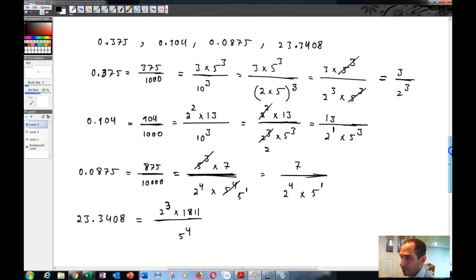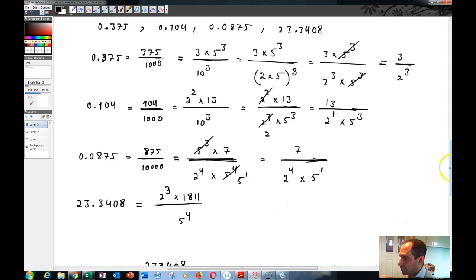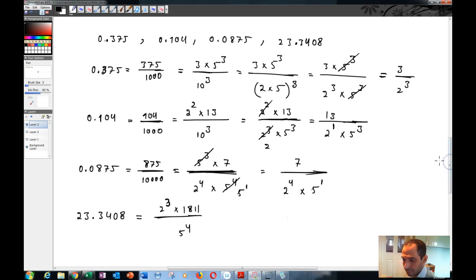So now that you have these 4 numbers, we can take a look at them. Remember that all of these numbers are the decimal representation of some rational number. You can see all rational numbers over here. You have a numerator, denominator, and so on. And these numerator and denominator have no factors in common.